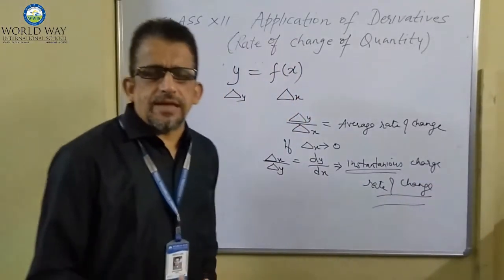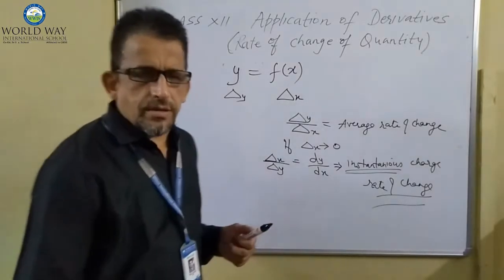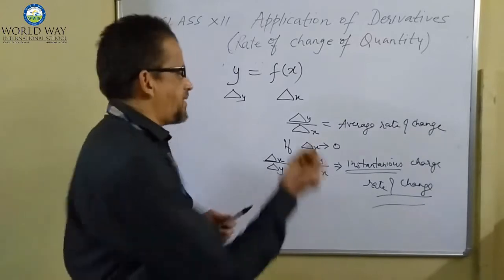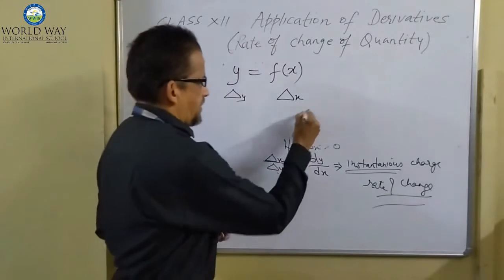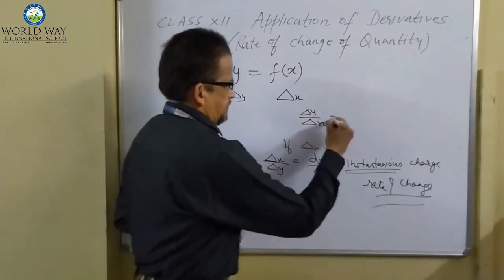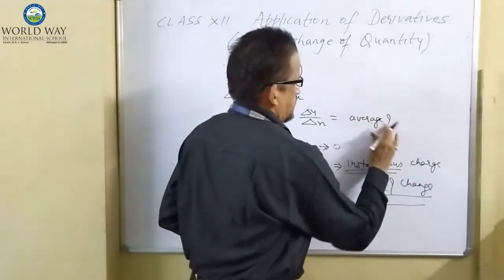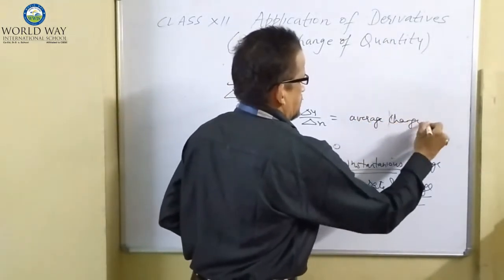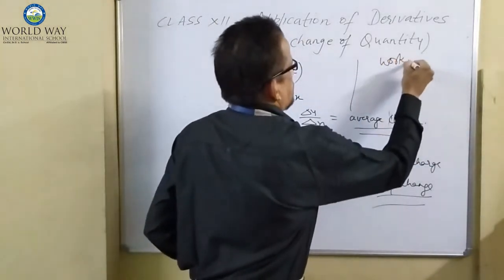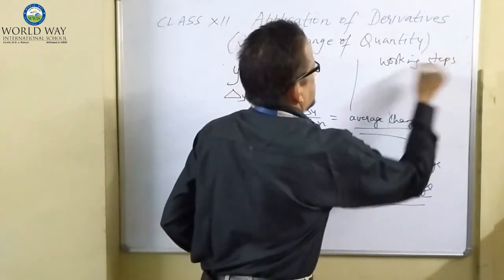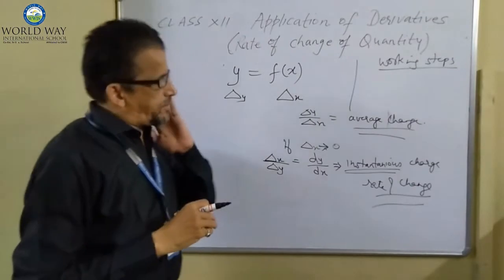I will explain through an example. But before starting any question, we will study some steps of working. Working steps in solving a question based on rate of change of quantity.